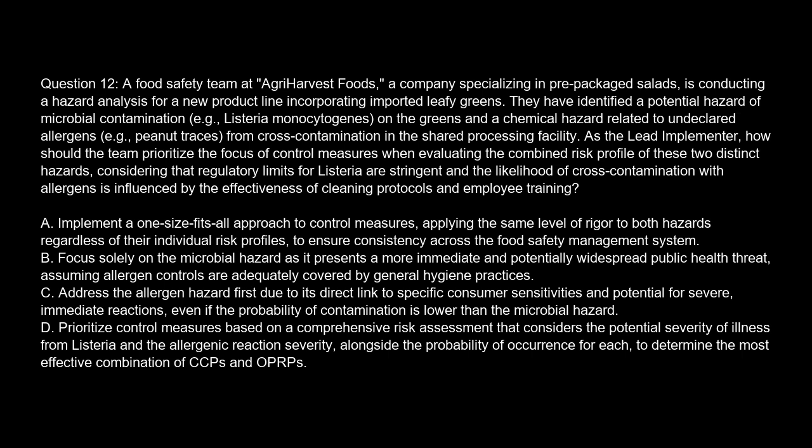As the lead implementer, how should the team prioritize the focus of control measures when evaluating the combined risk profile of these two distinct hazards, considering that regulatory limits for Listeria are stringent and the likelihood of cross-contamination with allergens is influenced by the effectiveness of cleaning protocols and employee training?